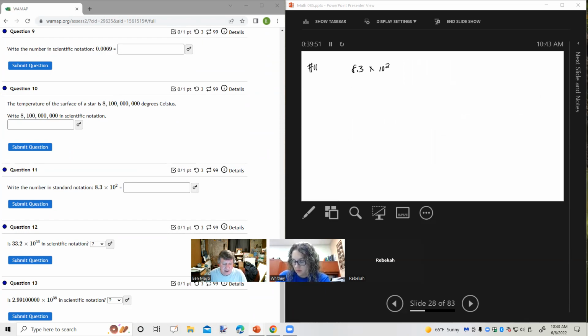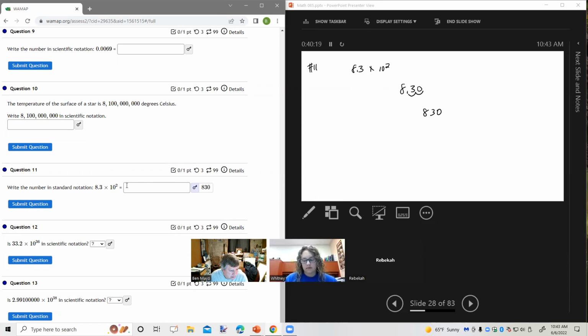So standard notation means as a single number, not times 10 to some power, not scientific notation, but a single number. Now, multiplying by 10 squared, you would move the decimal point 2 places to the right. So your final answer would be 830. Okay. Is that okay with that?